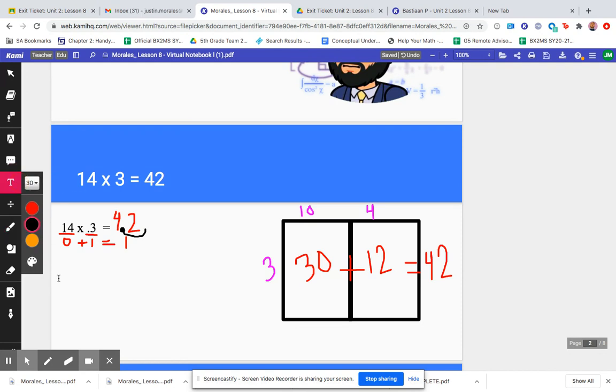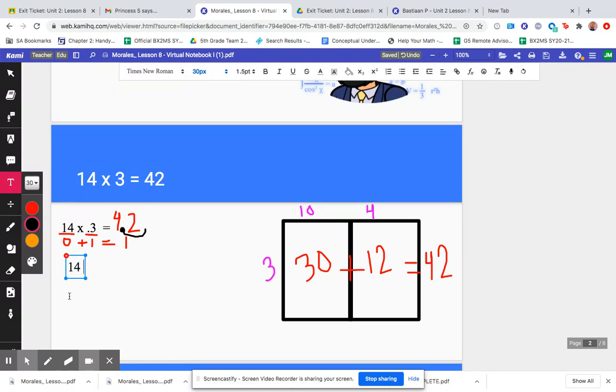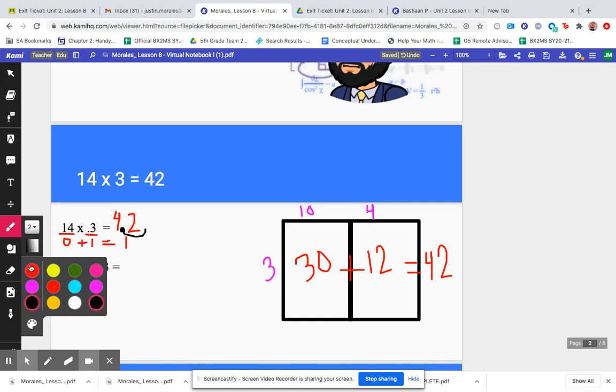Let's do another problem. So what about 14 times 0.03? Well, you want to do that same process again. You want to just count how many digits are to the right of the decimal.